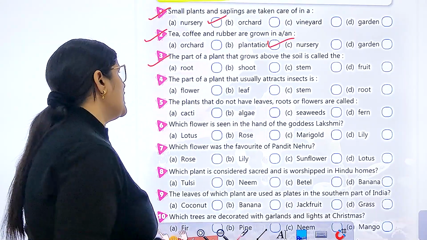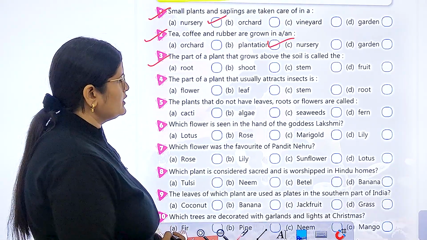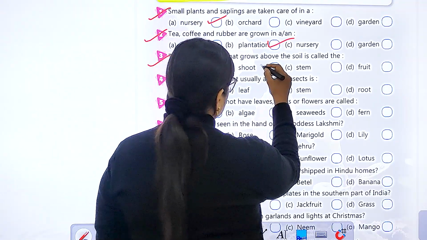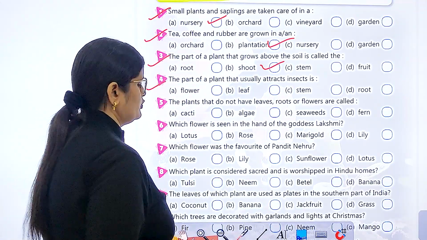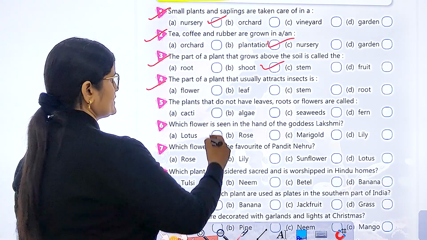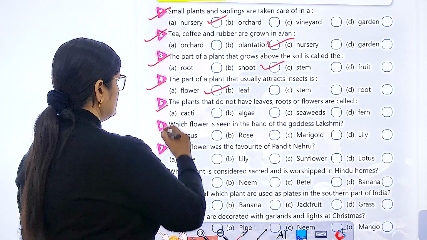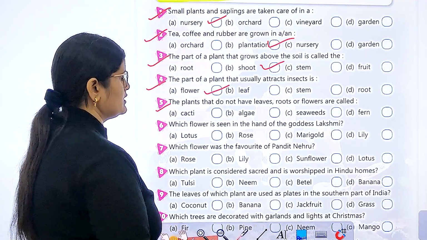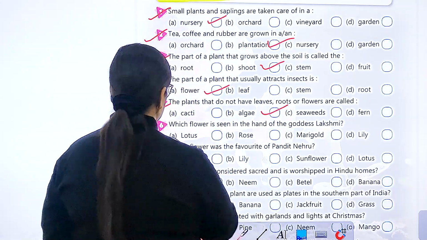Number 3. The part of a plant that grows above the soil is called the shoot. Number 4. The part of a plant that usually attracts insects is the flower. Number 5. The plants that do not have leaves, roots, or flowers are called algae.